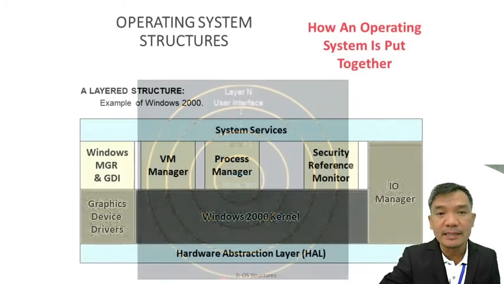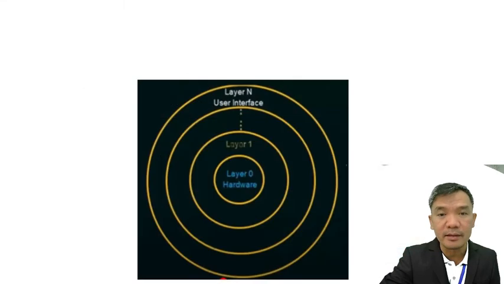In contrast to that, we have a layered structure. In the layered structure, the operating system is arranged into layers, where layer 0 is the hardware and layer n is the user interface.